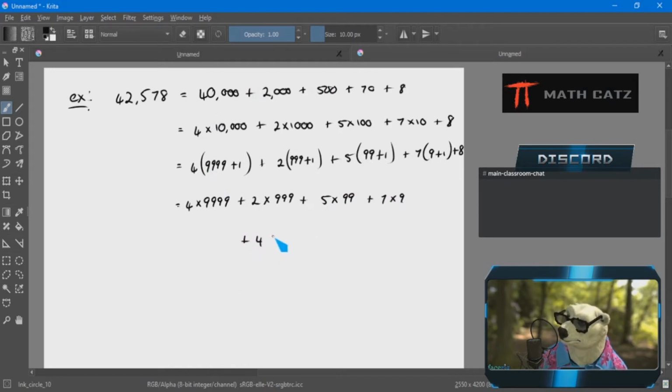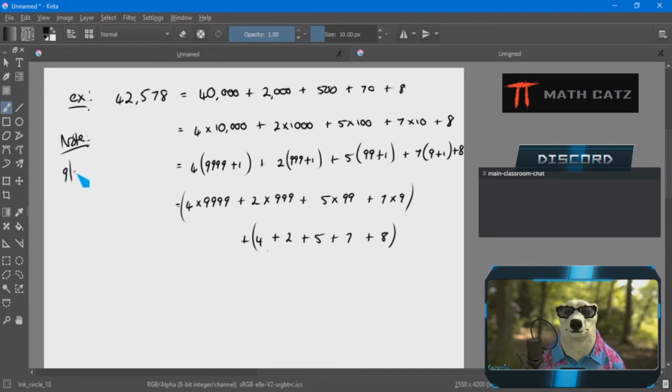And the other things here I have is 4, 2, 5, 7, and 8, which we eventually noticed are the sum of the digits. So, not 4. 9 is what I'm looking at. 9 is going to divide into 9,999.